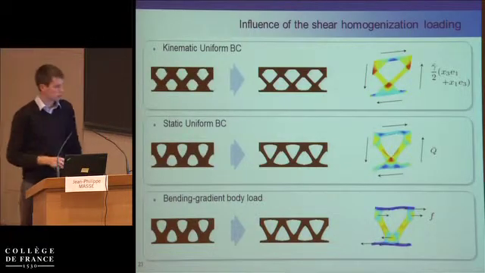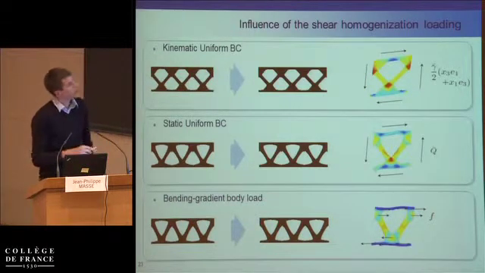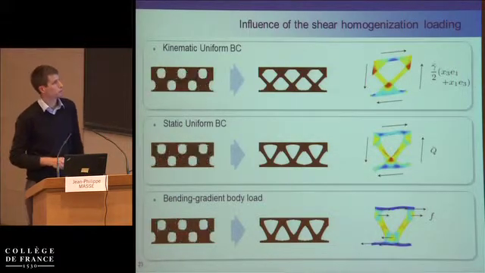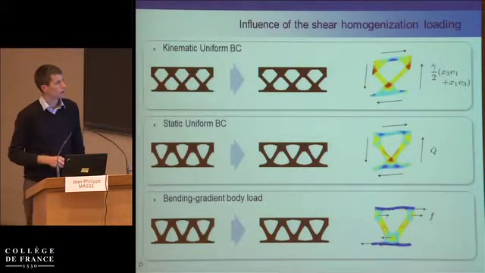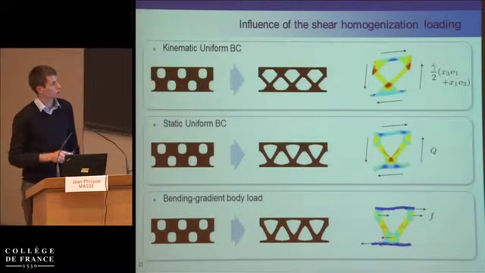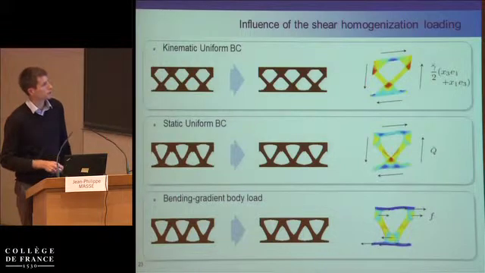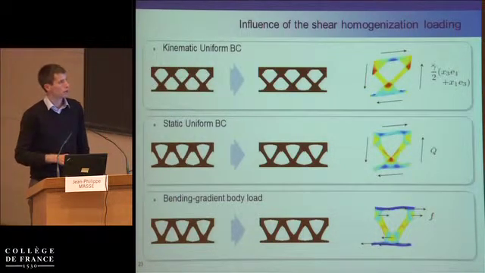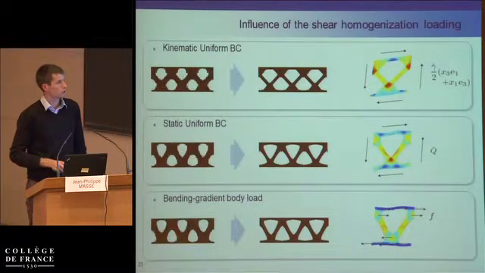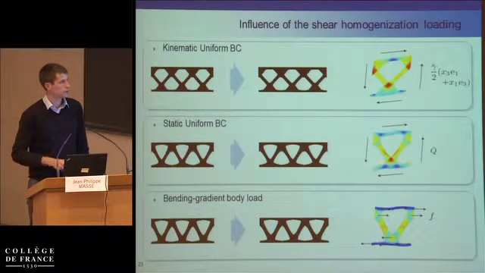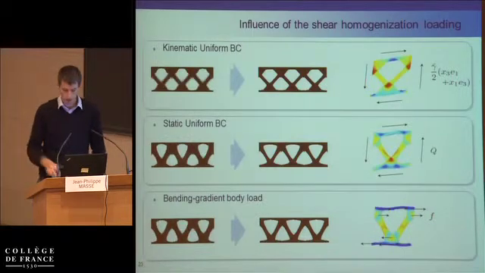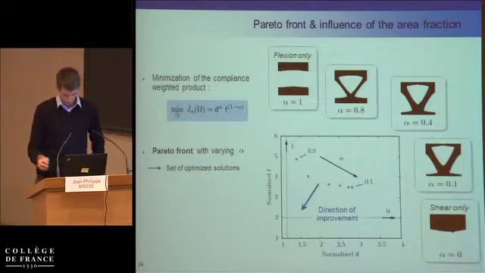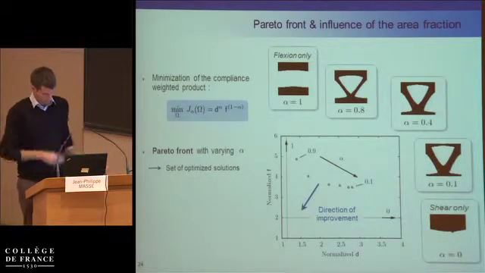So here is just some discussion on the boundary conditions we use in the transverse shear stiffness computation, and we show that depending on the way you compute your stiffness, you find different geometries, and that impacts the geometry a lot.